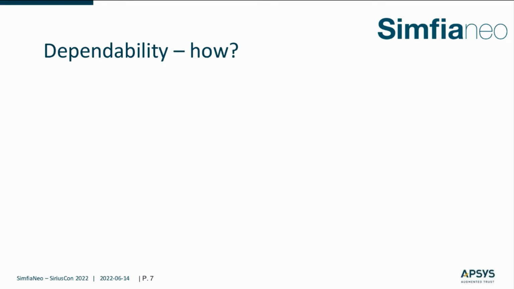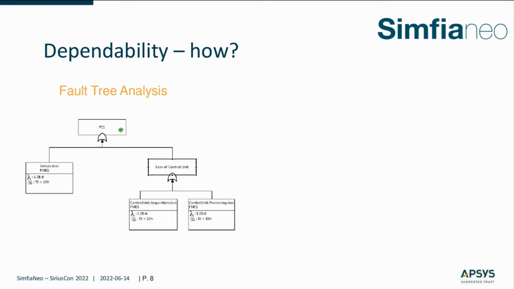Dependability studies have existed for several decades now, and they can be performed with two main methodologies. The first one, the classical, historical one, is fault tree analysis. We start from the feared situations, feared events of our system, and we want to analyze how they can happen, linking them to the basic equipment failures.